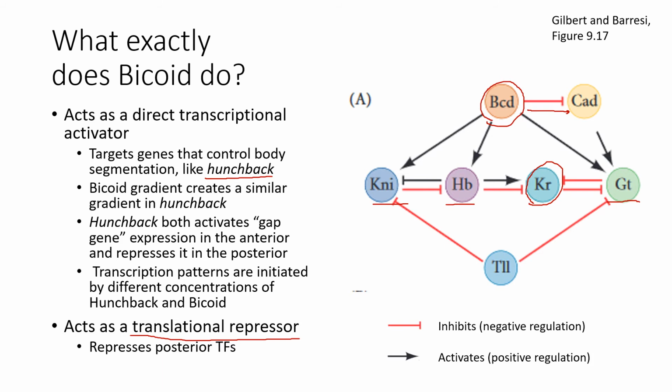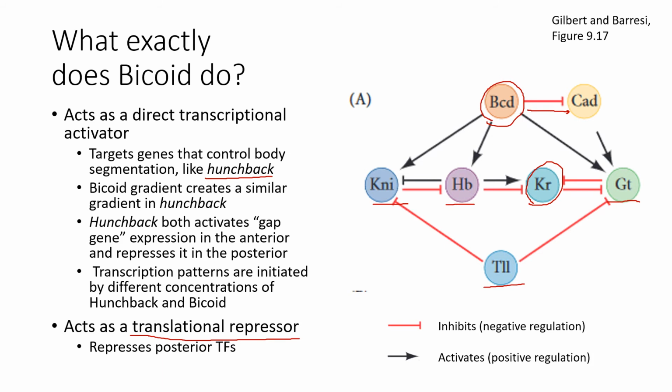At the bottom of the diagram, we have a gene called tailless, TLL, named because flies without it have no tails. This is a posterior gap gene that inhibits all of these abdominal gap genes when it's expressed enough.